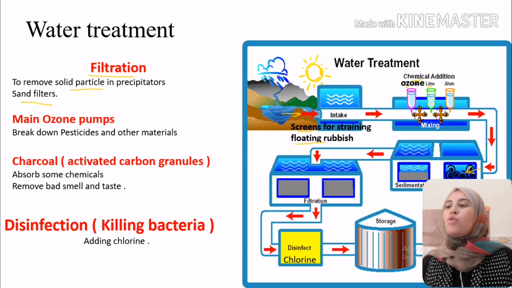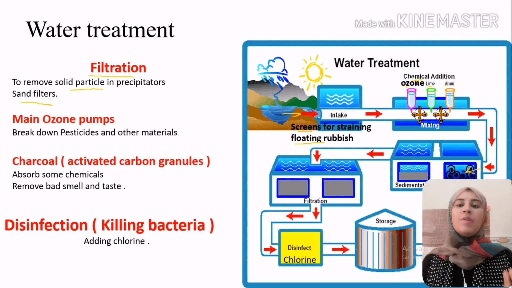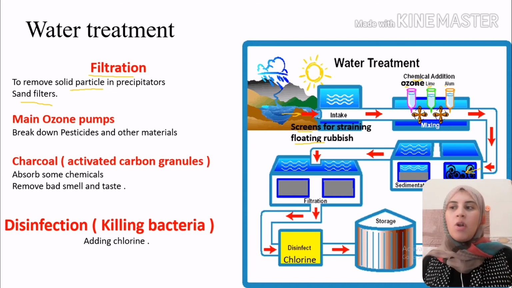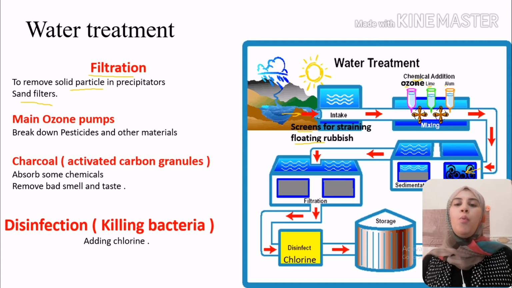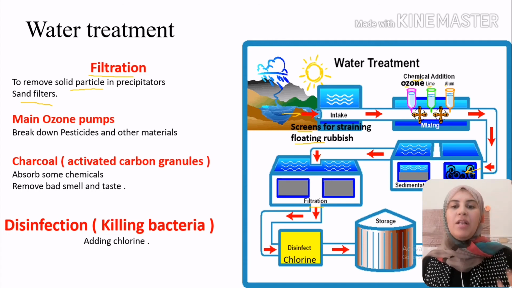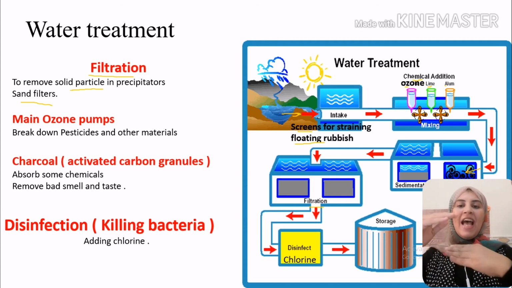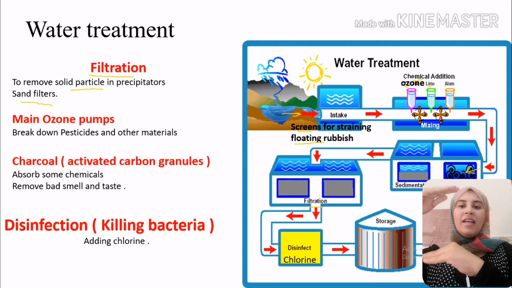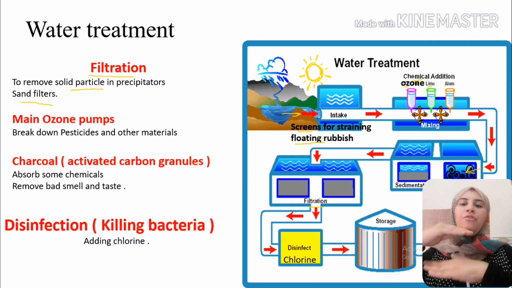So we will start sedimentation. Sedimentation means we have precipitation of unrequired mud and solid particles. We will pass all the water through a filtration process by using sand filters. In sand filters, we have different layers of sand: large size sand, small size, and very, very small size sand.